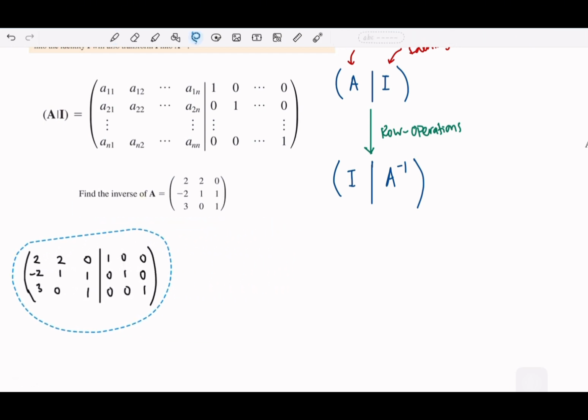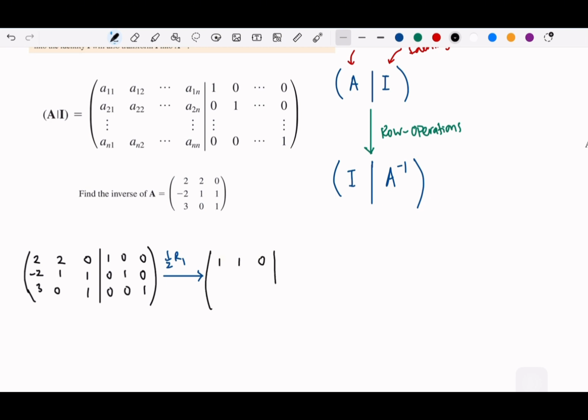Maybe first is taking the half of this. And maybe I'll write one by one.